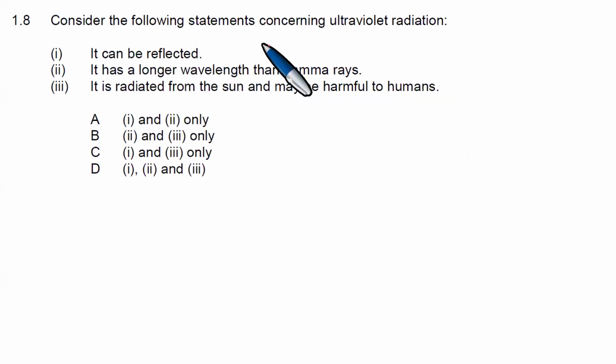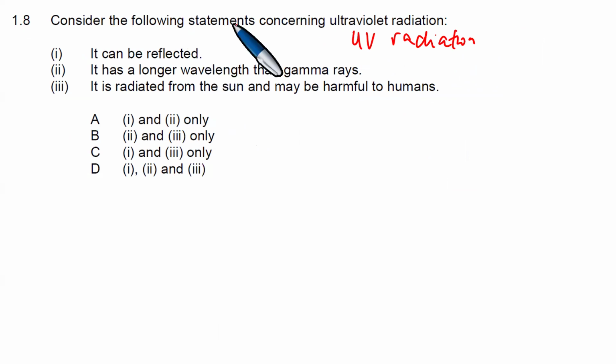Consider the following statements concerning ultraviolet radiation. Ultraviolet radiation, that is UV radiation, can be reflected. It has a longer wavelength than gamma rays. It is radiated from the sun and may be harmful to humans.